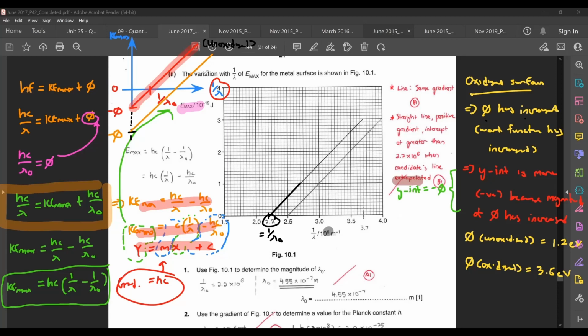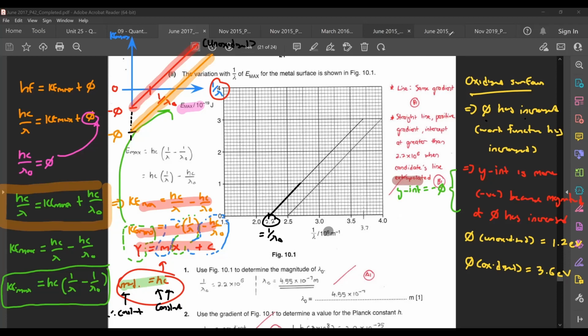That straight line that you draw must still be parallel with the original line. If you recall, what is your gradient? Your gradient is actually h times c, isn't it? Your Planck constant is a constant, your speed of light is a constant. Since both of these are constant, your gradient should remain constant.